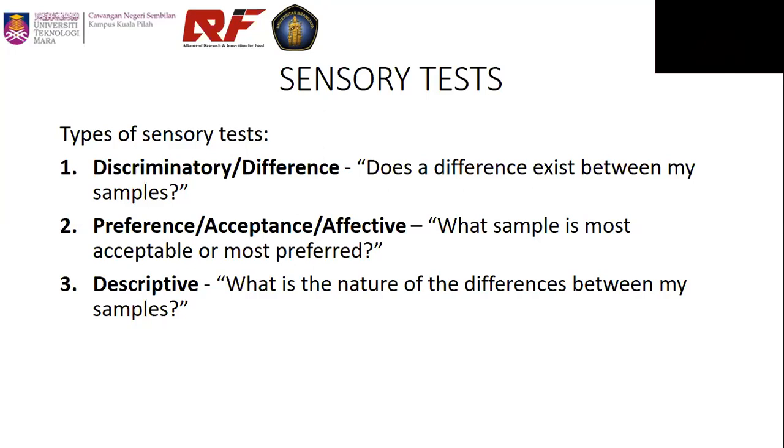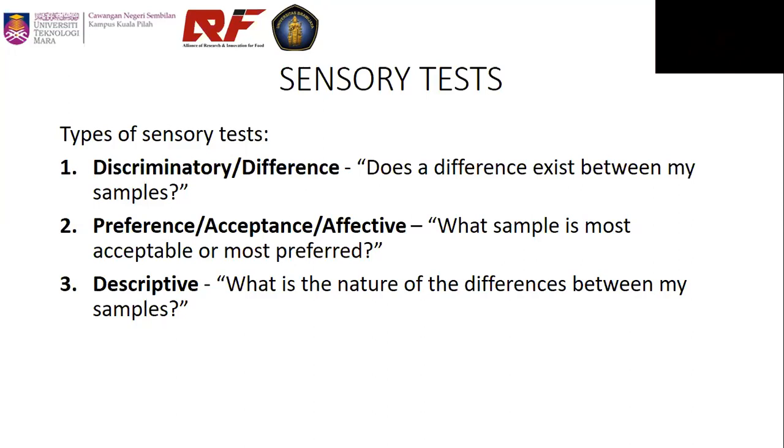The first one and the third one only require trained panelists. Okay, if your panelists are untrained, they are only eligible to sit for preference, acceptance, or affective tests. Do you get me?